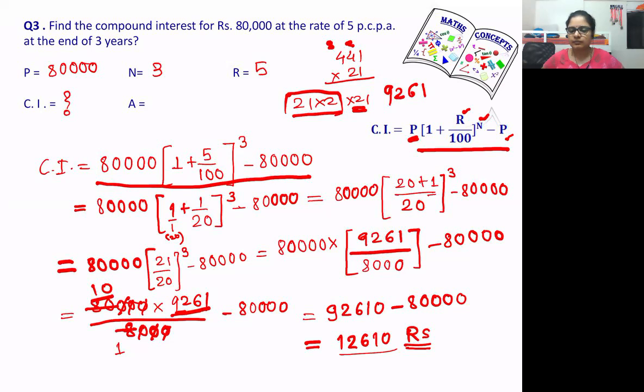Ma'am, I was confused in this step, like 800 into 9261 minus this, from one. Yes, this one. Okay.